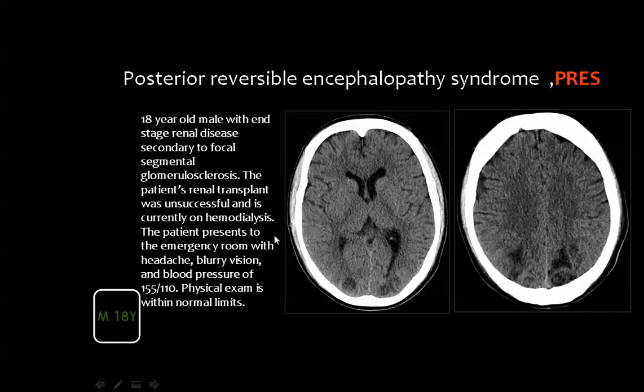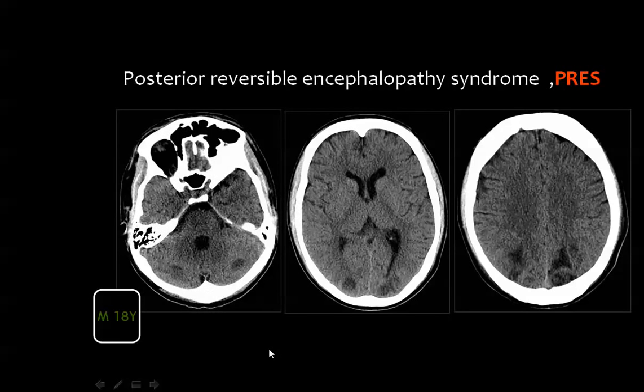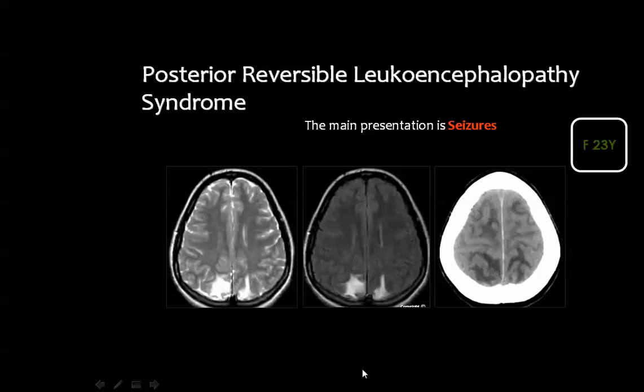Like this patient who presented to the emergency room with headache, blurring of vision, and a blood pressure of 155 over 110, and the physical examination is within normal limits. Then you see almost bilateral and symmetrical lesions in the cerebellum, in the occipital lobes, and in the posterior parietal lobes. By MRI, the lesions will appear bright in the T2 and in the FLAIR weighted images, while in the CT scan they will appear hypodense.